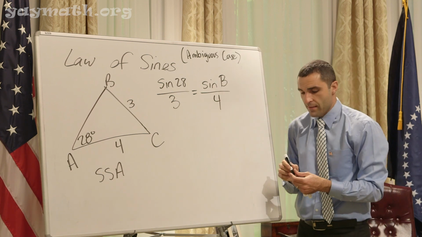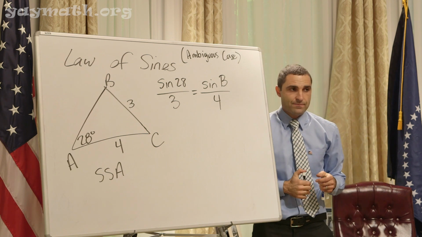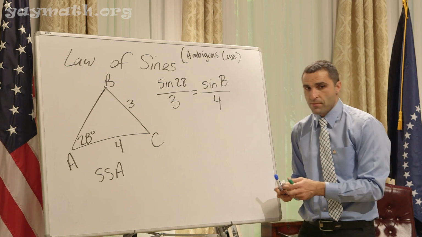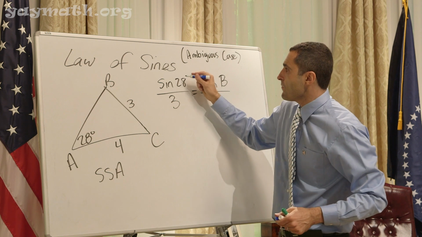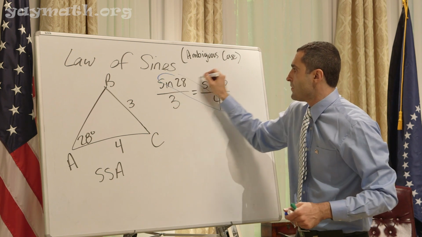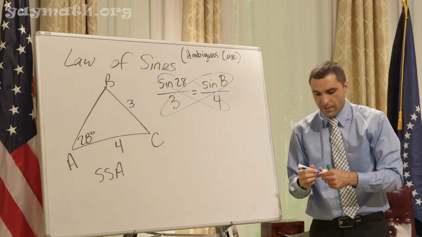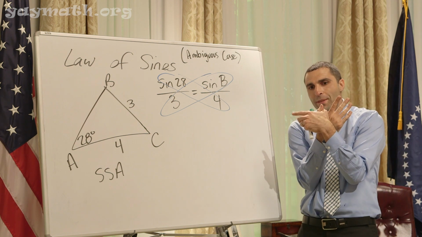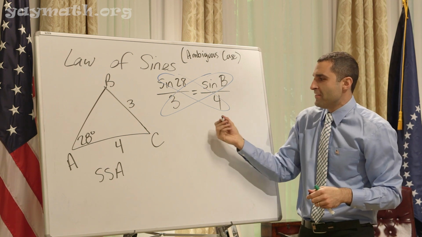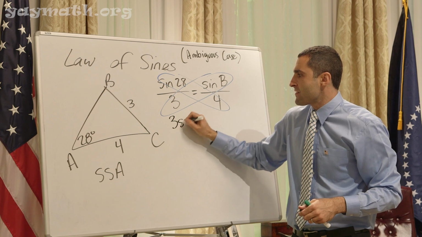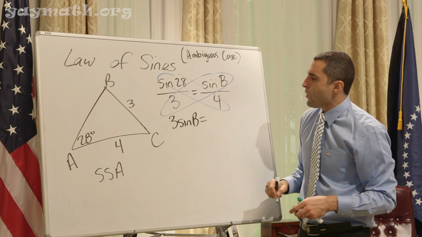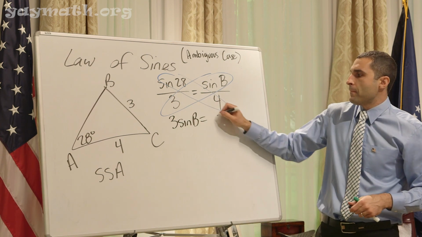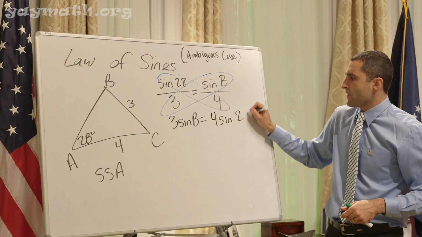So now you agree that we're looking for angle B. Let's go ahead and cross multiply. Love the butterfly method. We got 3 sine B equals 4 sine 28.